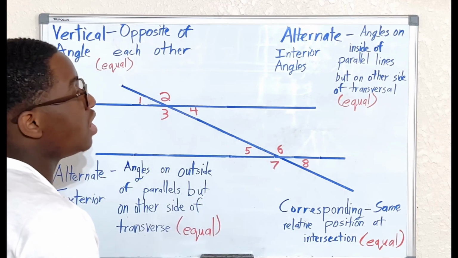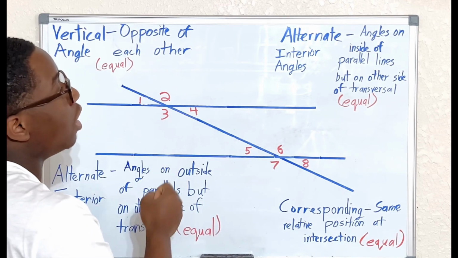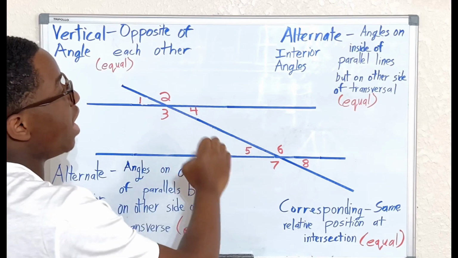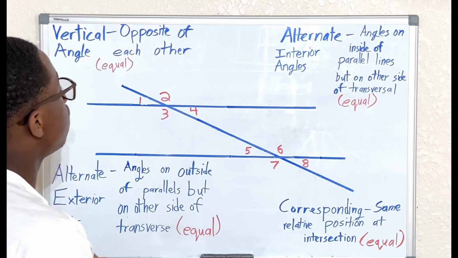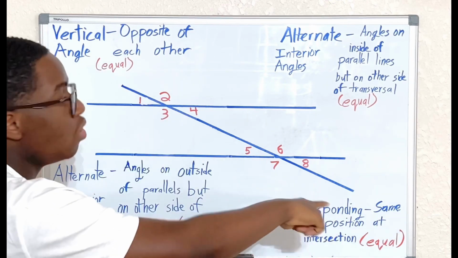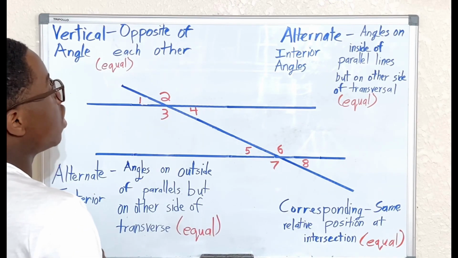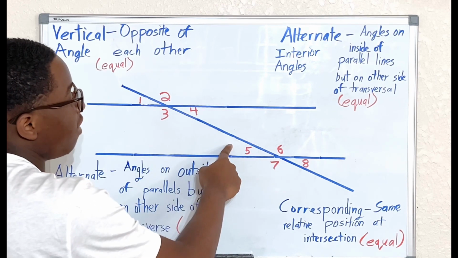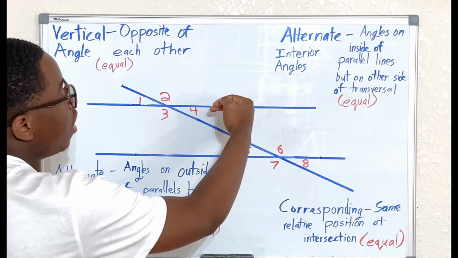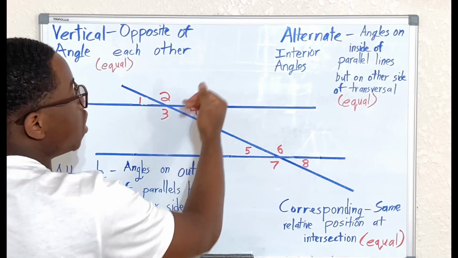So alternate interior angles would be on the insides of the parallels, we have that, but they're on the opposite sides, the other sides of the transversal. Remember, the transversal cuts through the parallel lines. So alternate interior angles in this case would be 4 and 5. They're on the insides, but they're on the other side of the transversal.